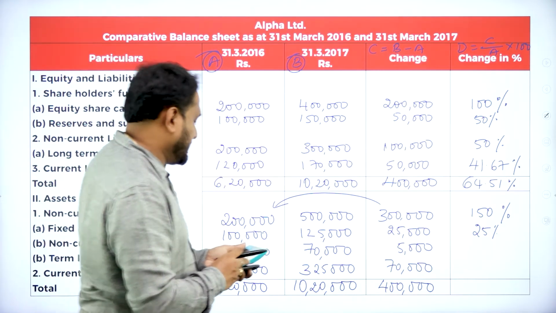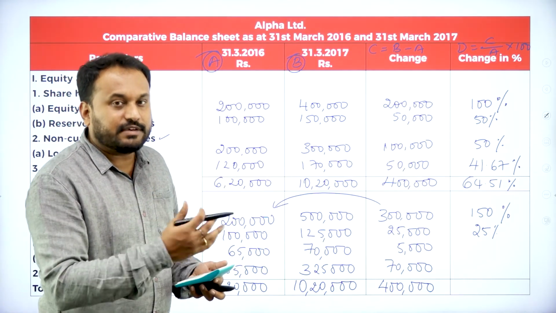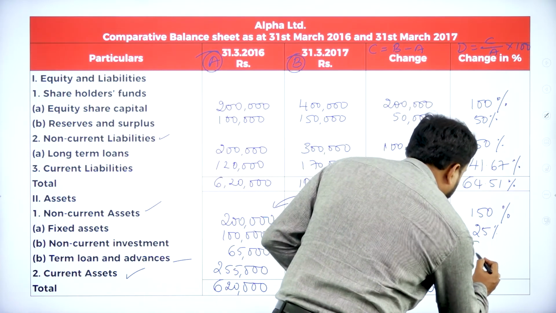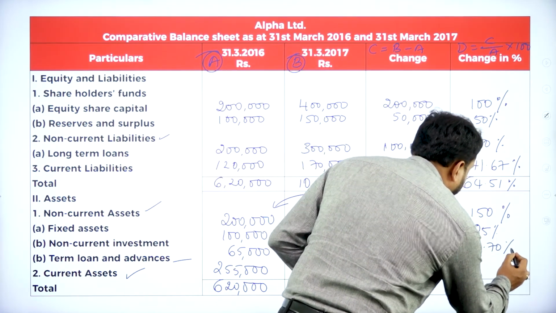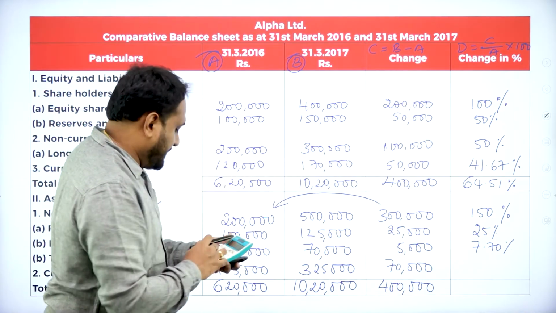So it is 7.69%. See, 7.69 means you round it off to 7.70. So you will go with 7.70%. Okay, done.